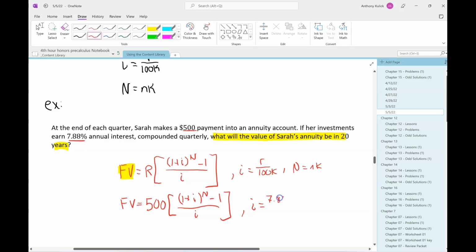That goes in for R. And then what's the K? Yeah. So it says quarterly, so the K is 4. And what's my N then? 20.